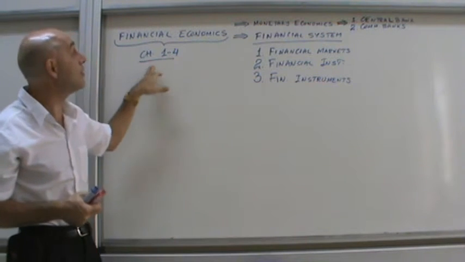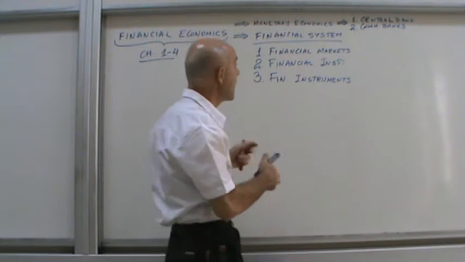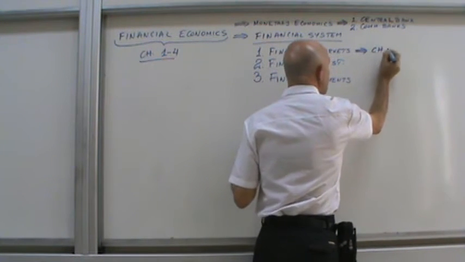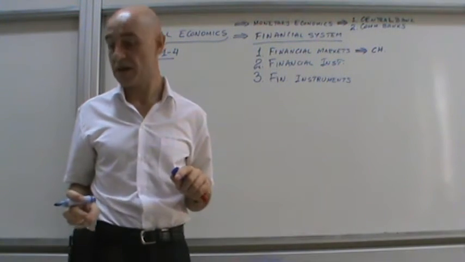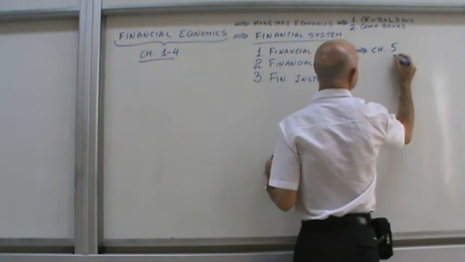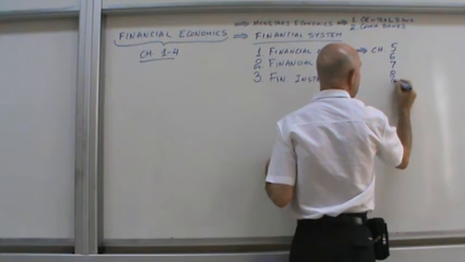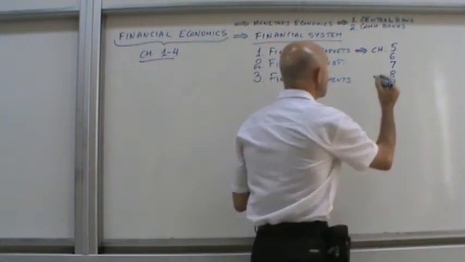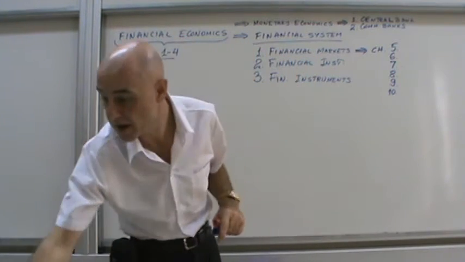Now, we move to the financial system, and for financial markets, we'll be doing chapters 5, 6, 7, 8, 9, and 10. So these are the financial markets, respectively.